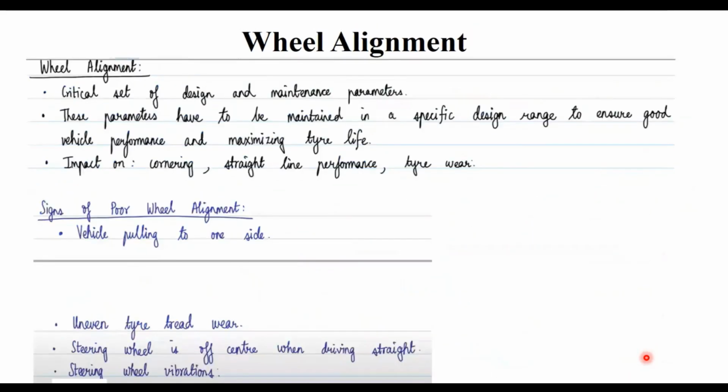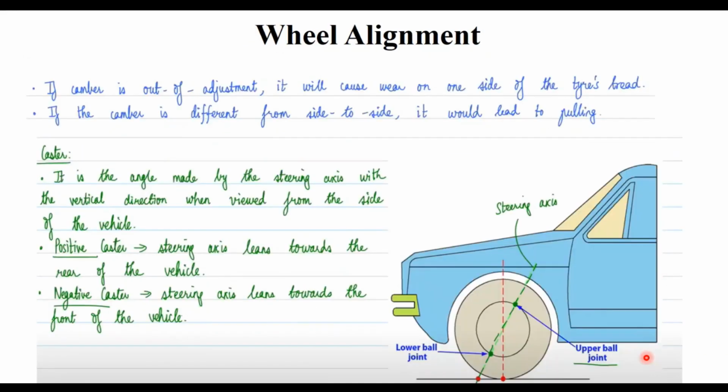because in order to have proper cornering style and performance, and to have less impact on tire wear. If these parameters are not maintained, then you will face problems of the vehicle pulling to one side, uneven tread wear, and the steering wheel not being centered even when you're driving the vehicle in a straight condition, and you'll also have steering wheel vibration as well.